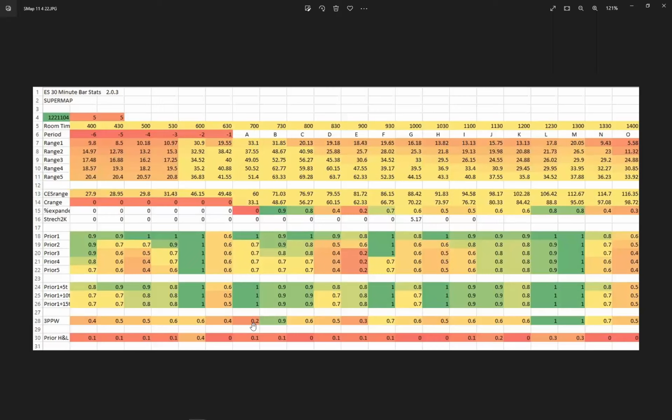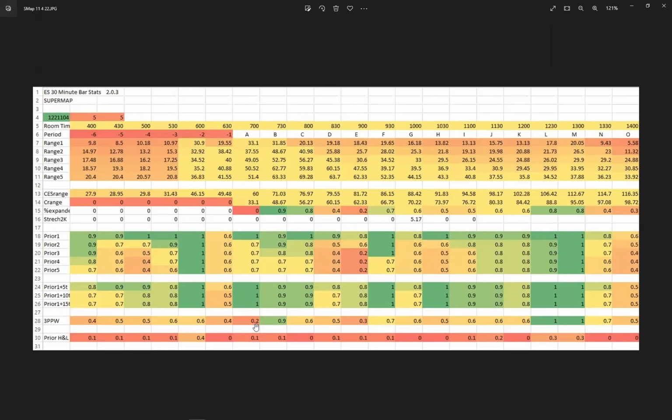Now, here's the last number we'll look at, and then we'll go fast, we'll be done. This 20% to continue, 3-period probability: what is the probability of this continuing in the same direction as 9 to 9:30? It's almost none. 80% to reverse.